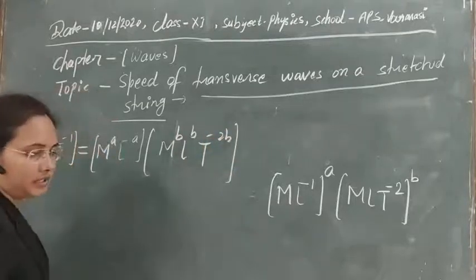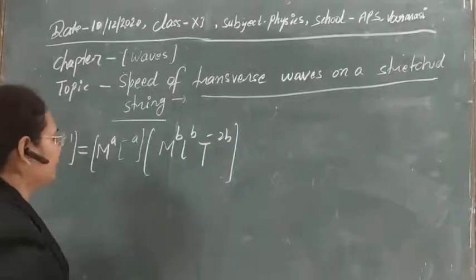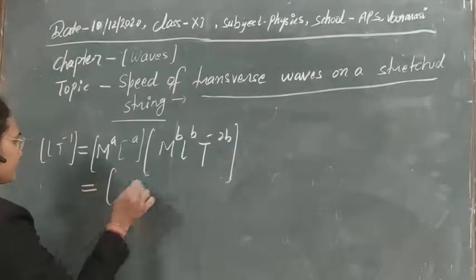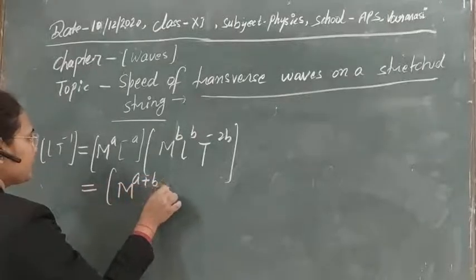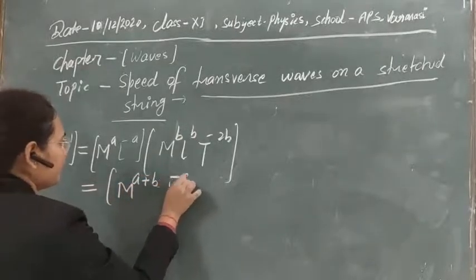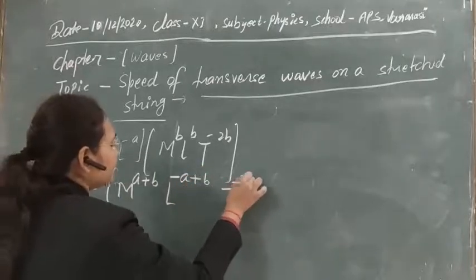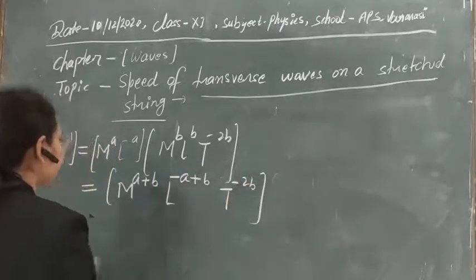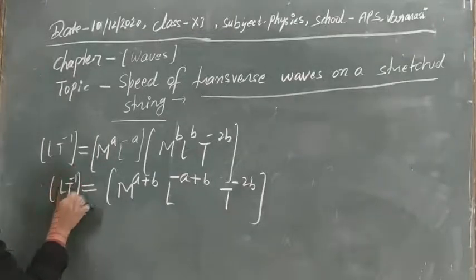Clear? Just multiply these factors here. Then let's just solve it. So this will be equal to M power a plus b, L power minus a plus b, and T power minus 2b. So we have obtained this side, and this side is L T^-1.